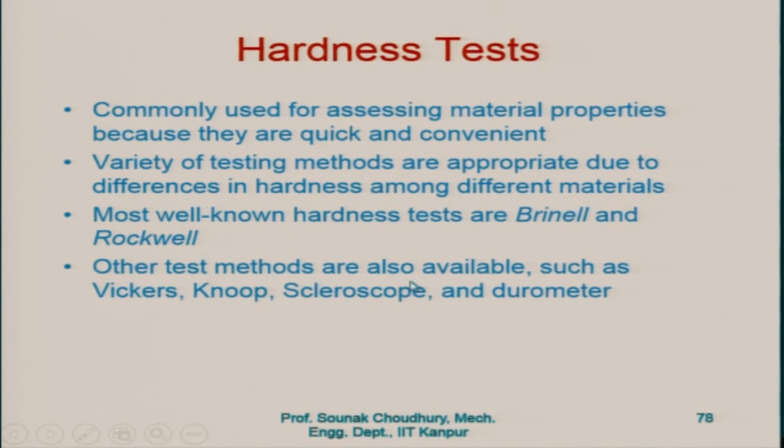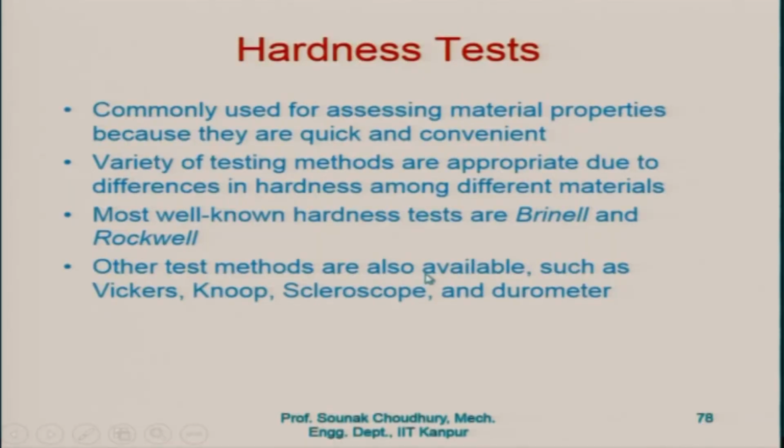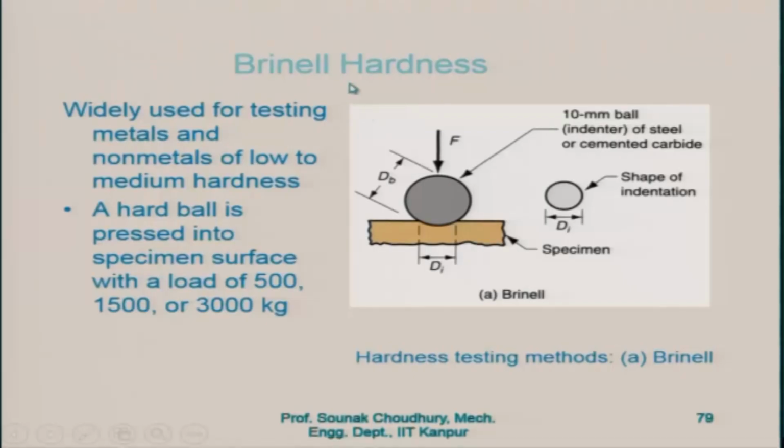Other test methods are also available, such as Vickers, Knoop, scleroscope and durometer. These are the instruments by which the hardness of a material can be measured. Now, the Brinell hardness, for example, how can it be done.